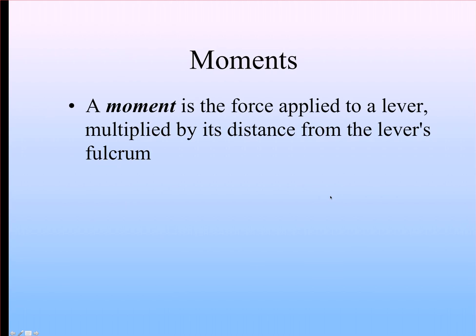And next we're going to talk about moments. A moment is the force applied to a lever multiplied by its distance from the lever's fulcrum. A moment is otherwise known as a moment of torque.